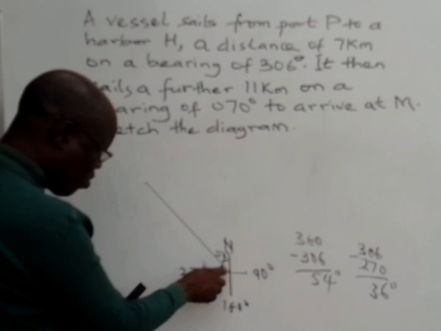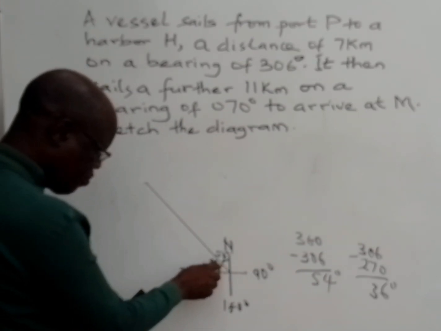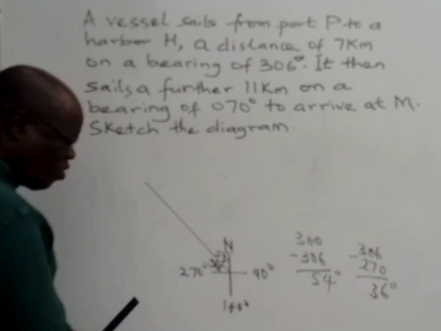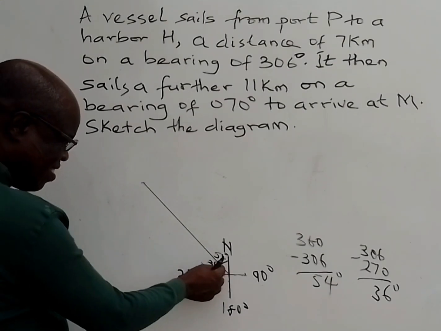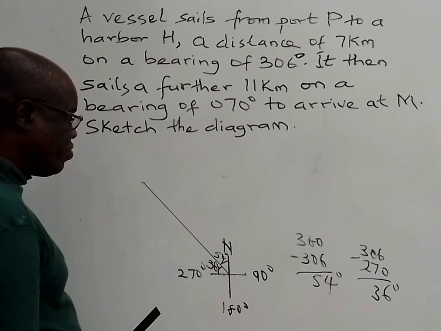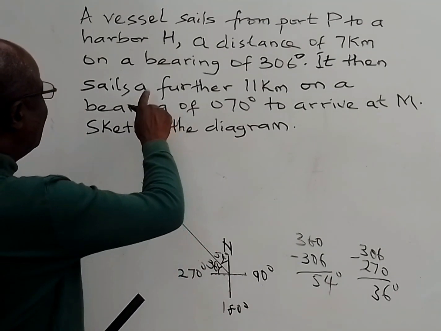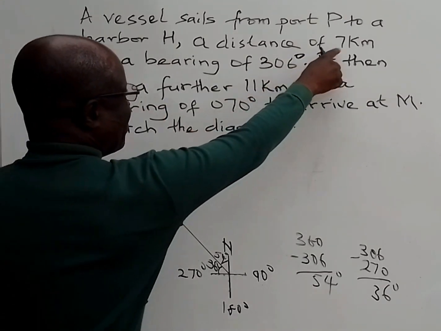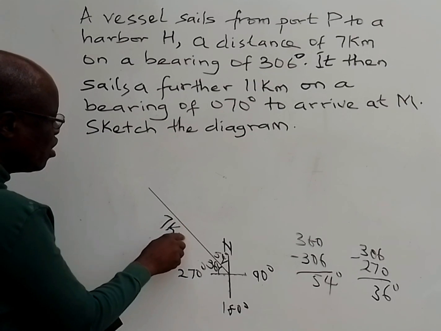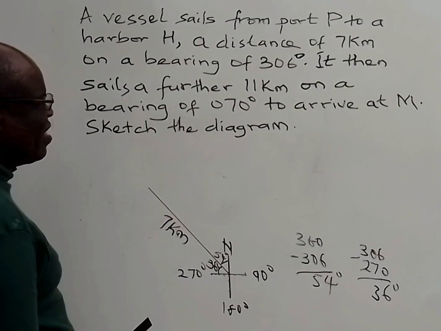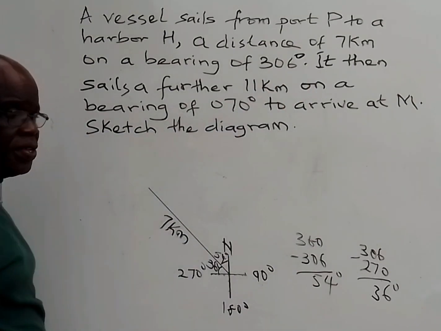Or if you like, you can call this one 36. So if you add 54 and 36, it's supposed to be 90, which is a right angle. Now, they say that, okay, that is 7 kilometers. So let's put 7 kilometers here. Okay, that's settled with this bearing.